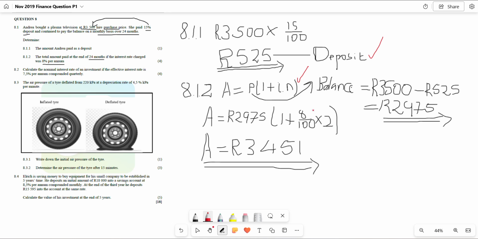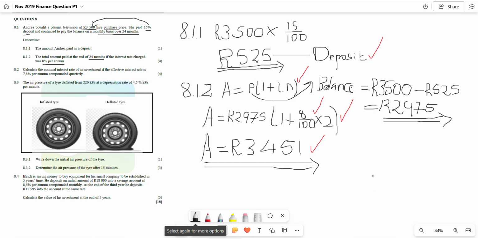Then 1 mark for correct I and N, 8 divided by 100, multiply by 2. Then 1 mark for correct substitution into the correct formula, and 1 mark for the total amount to be paid, which is 3,451 rands. That is 4 marks. That is it about 8.1.2.